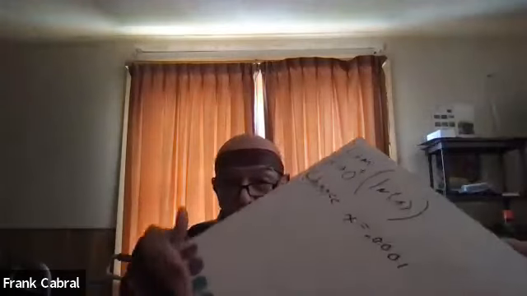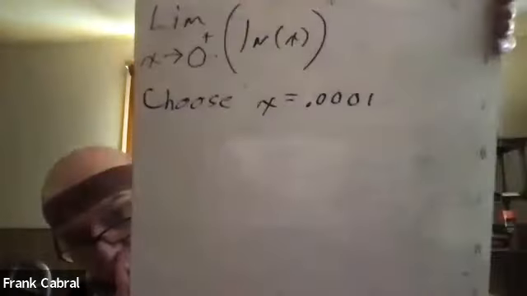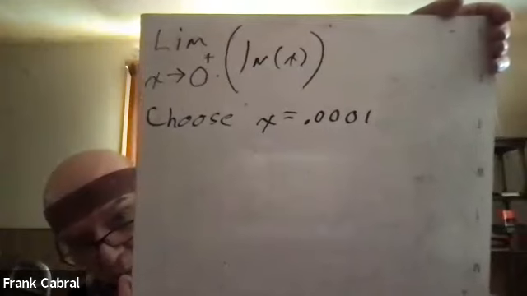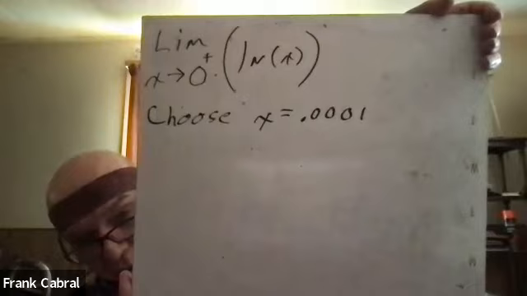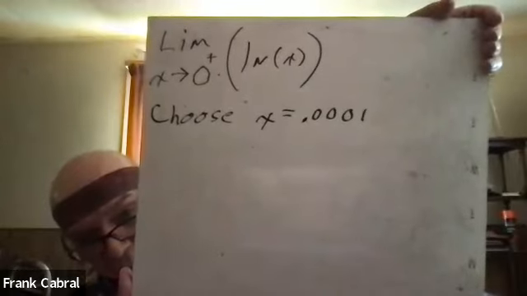So I'm going to choose for this example, x equals 0.0001. That is, let x equal 1/10,000. That's pretty close to zero coming in from the right-hand side. Again, this is a one-sided limit because the limit doesn't exist coming in from the other side, because the function doesn't exist there.